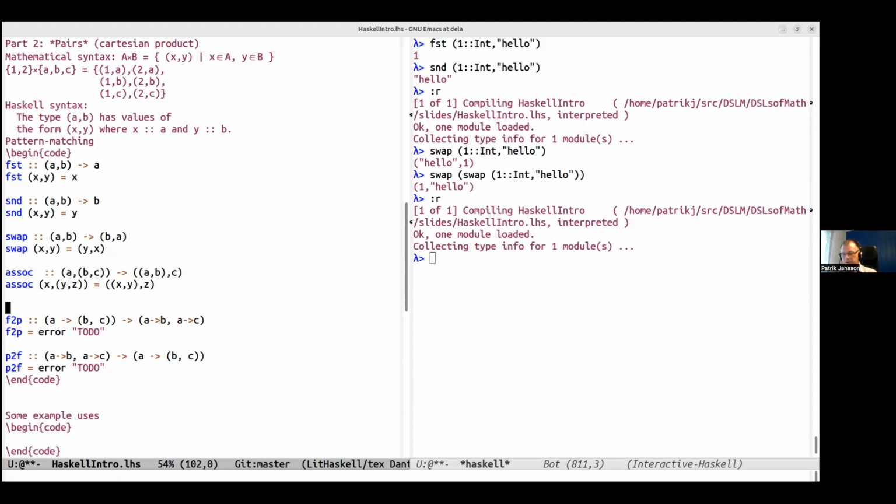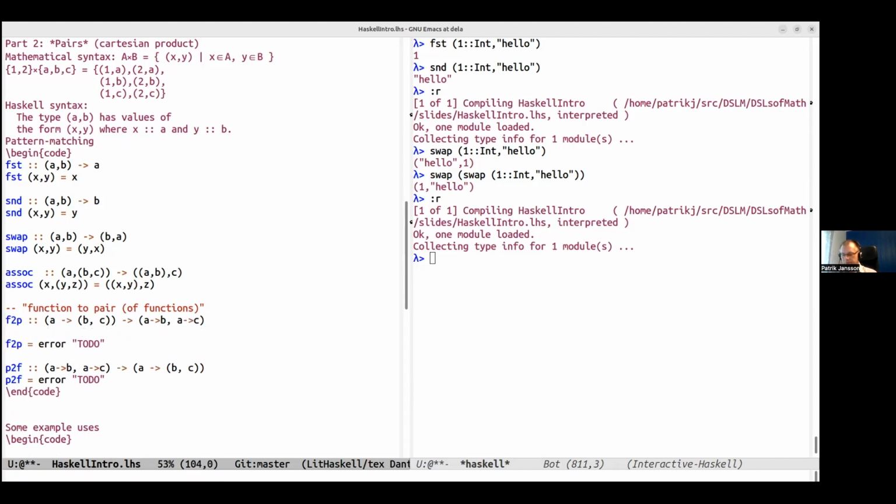So maybe we should say as a comment, function to pair of functions. Because I wanted to sort of erase some of the information here and say that it takes something and returns two things.